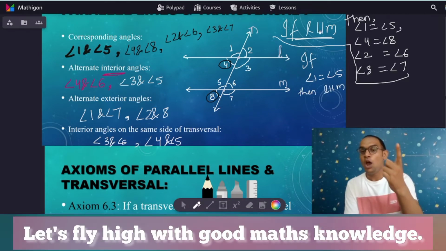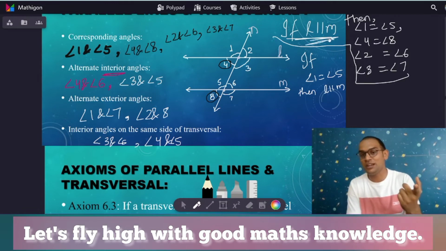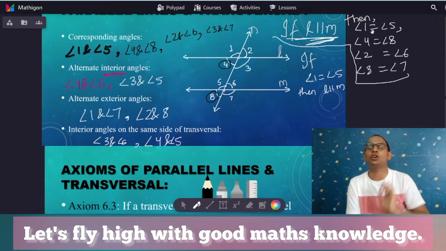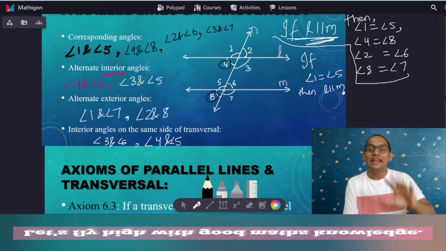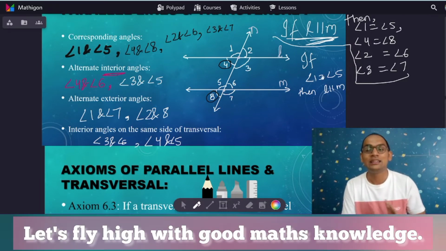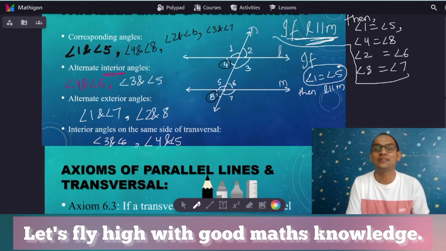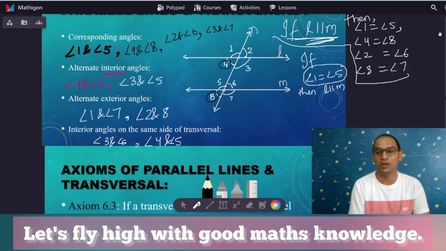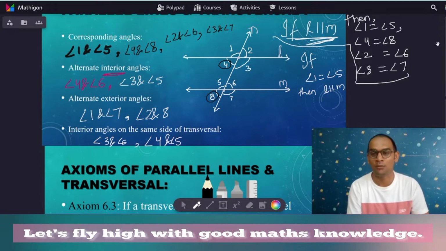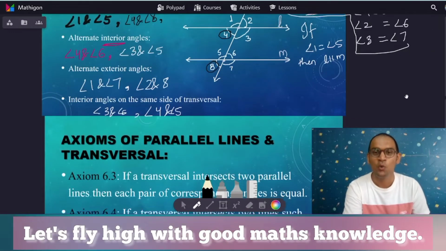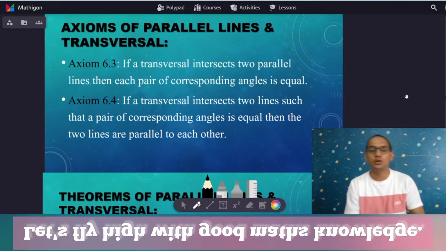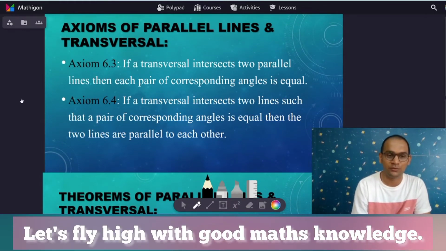What do we observe? In the first statement, it was given that L and M are parallel, and the result was that corresponding angles were equal. In the second criterion, the corresponding angles are given to be equal, and the result is that both the lines are parallel for which the corresponding angles are formed. And that is how we get the next axiom, which is also the converse of axiom 6.3.